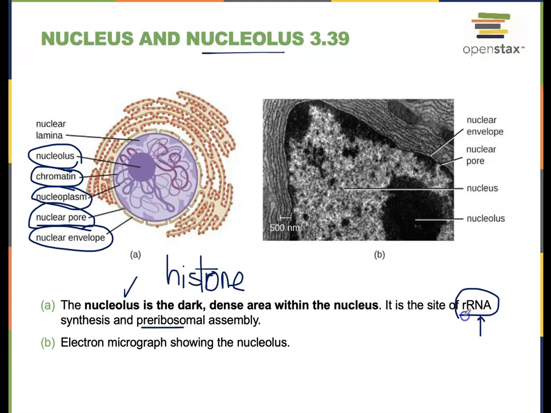That little R here stands for ribosomal, and it is made in the nucleus. So here's a nice picture of our nuclear envelope, and then we have a pore that's barely seen. And then we have the DNA, the chromatin here, and then we have our dark staining nucleolus.